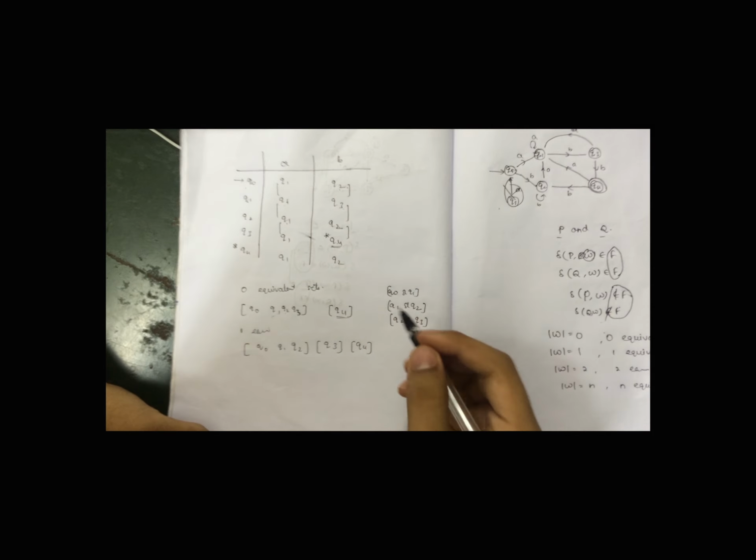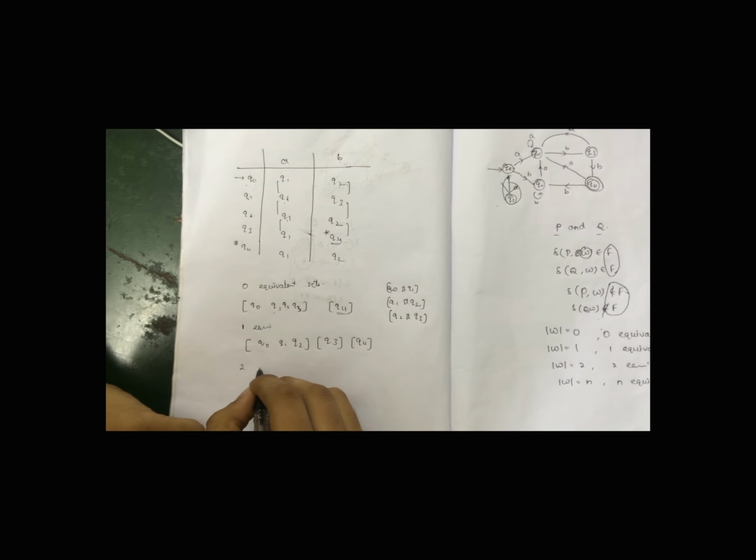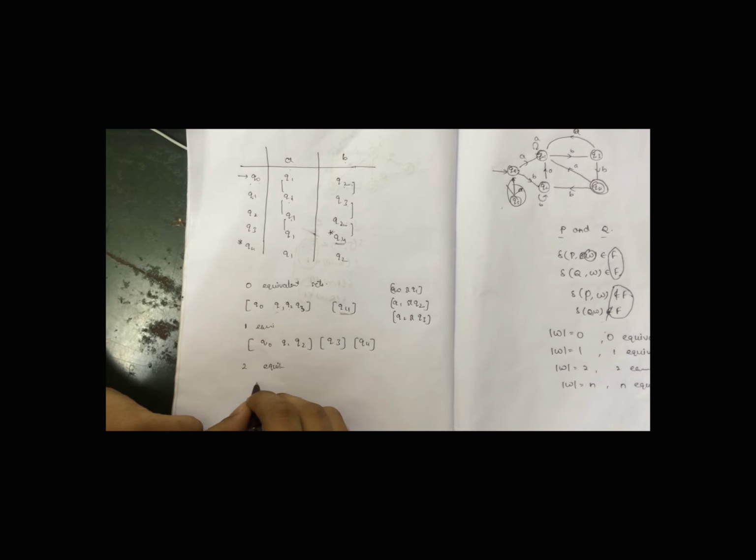So now we got three sets, and again we have to consider the two equivalence state. In this we will be considering these again.